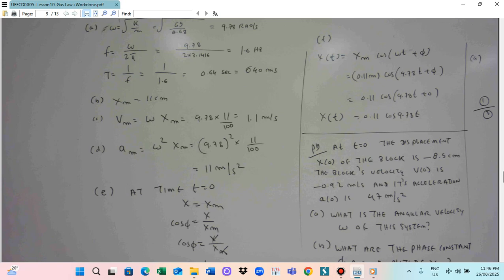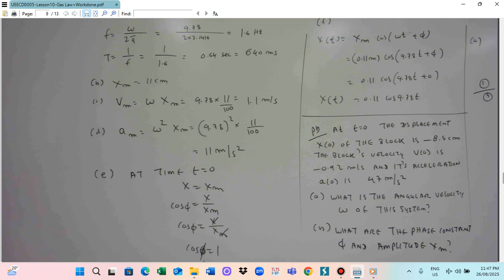Phi is 0, so 9.78 t plus 0. So then 0.11 cos 9.78 t. So this is h of t, the oscillation function written mathematically.